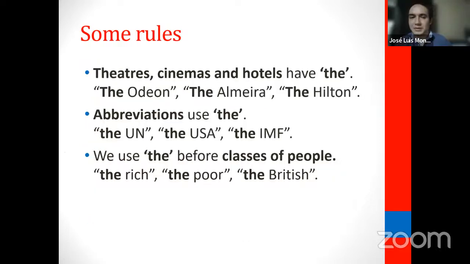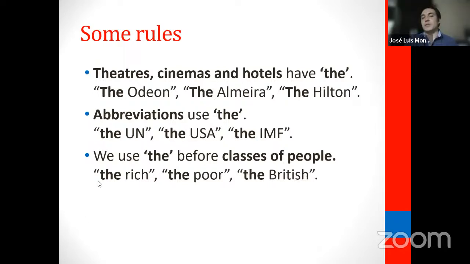This is the last one, please. Okay, theaters, cinemas, and hotels have the: the Odeon, the Almira, the Hilton. Abbreviations use the: the UN, the USA, the IMF. We use the before classes of people: the rich, the poor, the British.